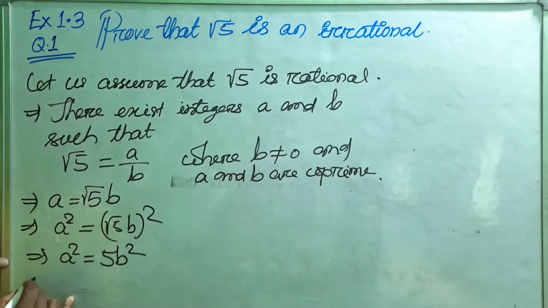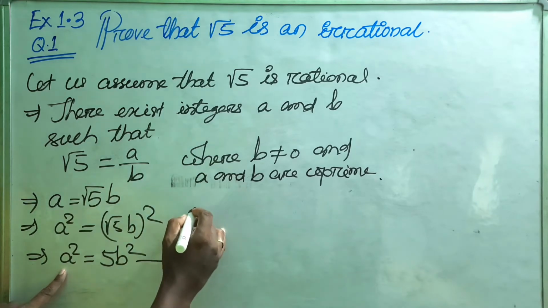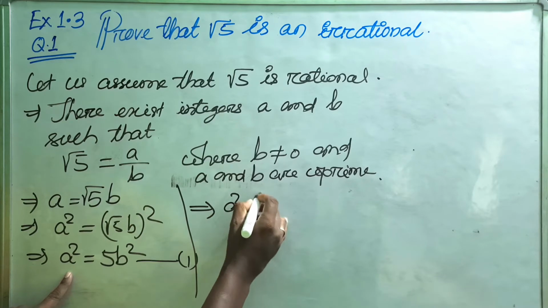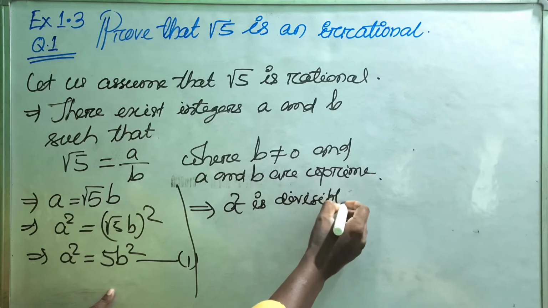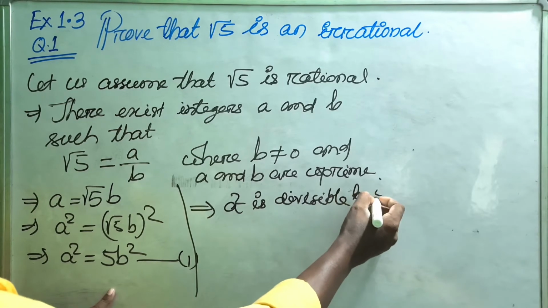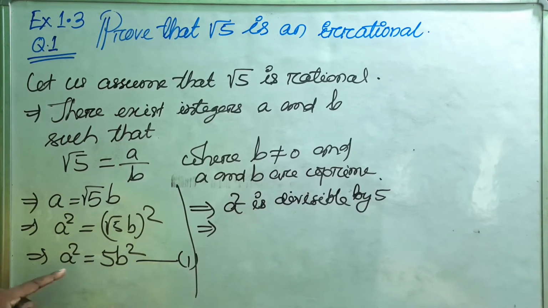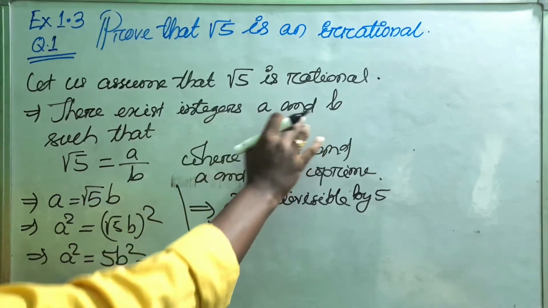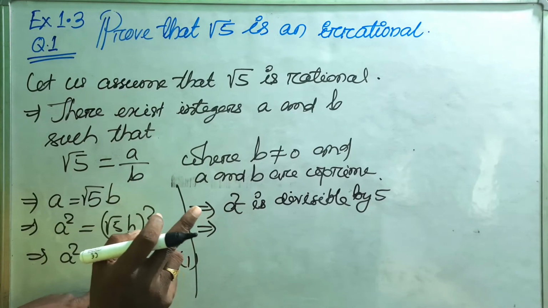Take this as equation 1. Now this implies a square is divisible by 5. Why is a square divisible by 5? Because b is an integer, so its square is also an integer.